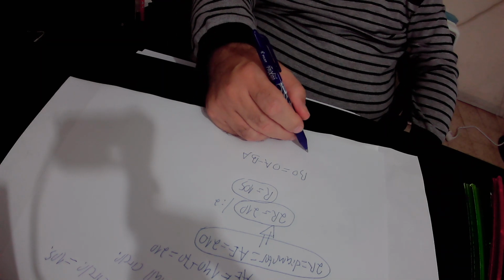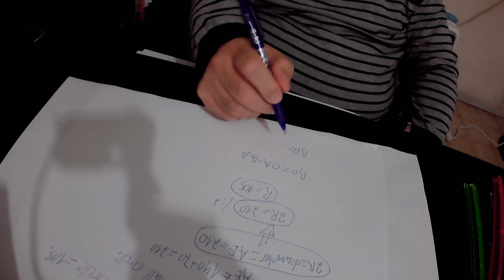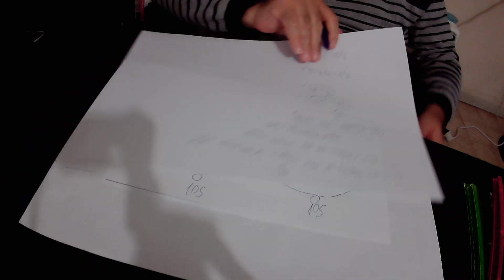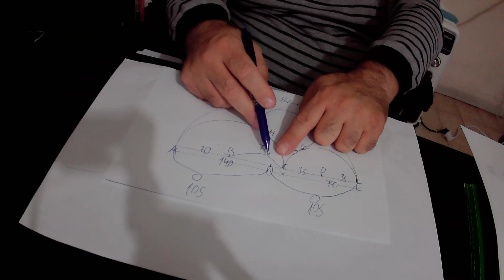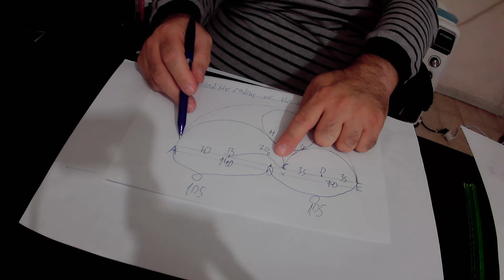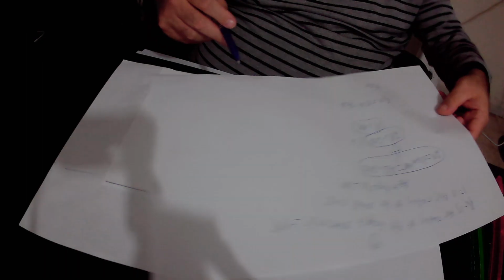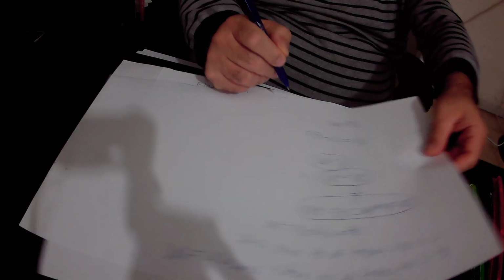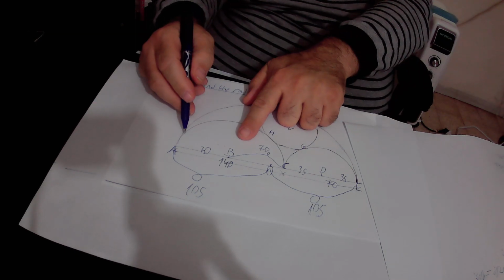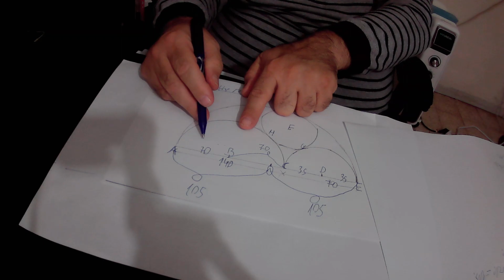So BO equals OA. OA is the radius of the biggest semicircle, that's equal to 105 units. So we substitute OA by 105 units minus BA. BA is the radius of this semicircle, that is equal to 70 units in its length.